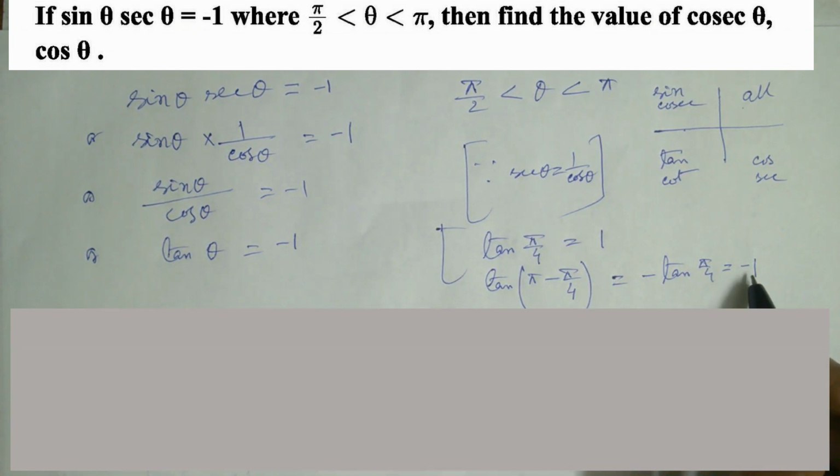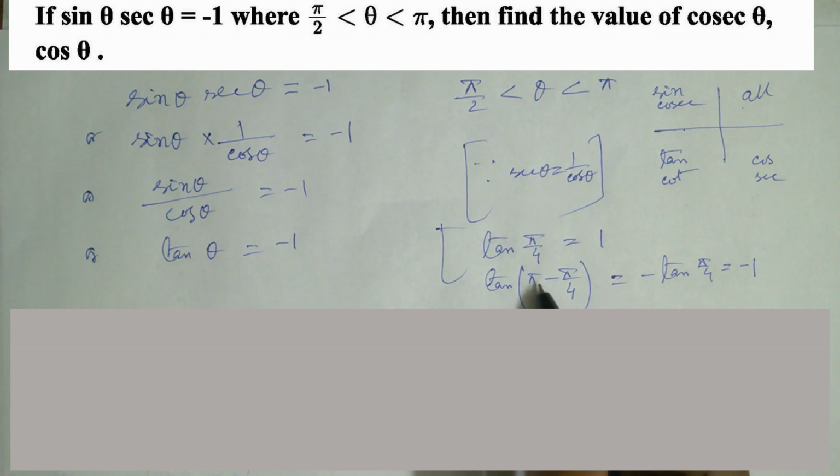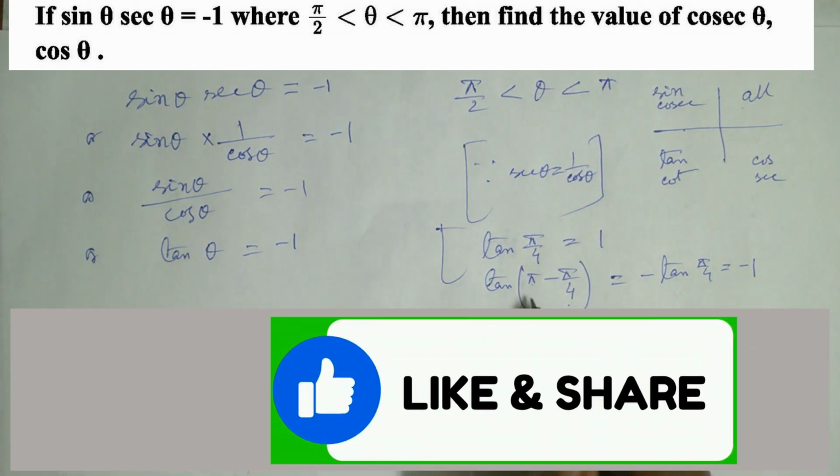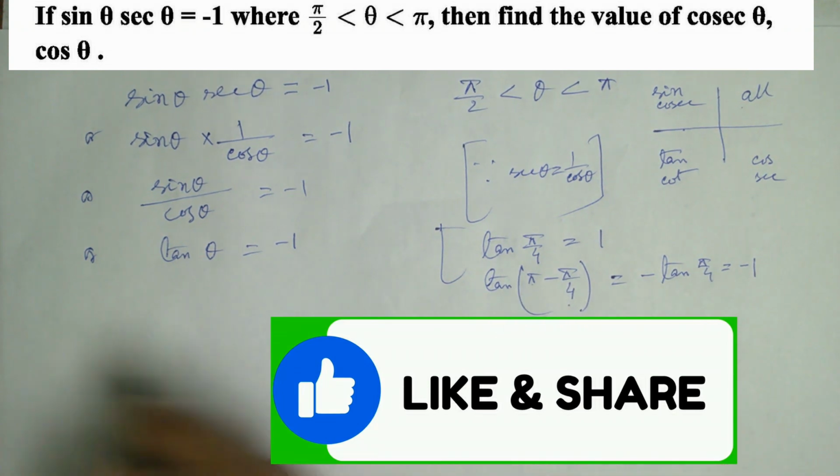Now see, in place of -1 we can write tan of pi minus pi by 4. Pi minus pi by 4 is equal to 4 pi minus pi over 4, 3 pi by 4.